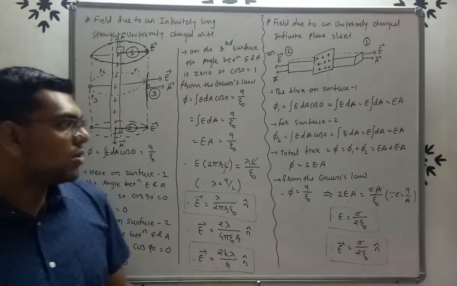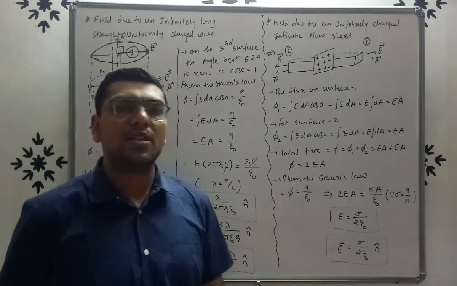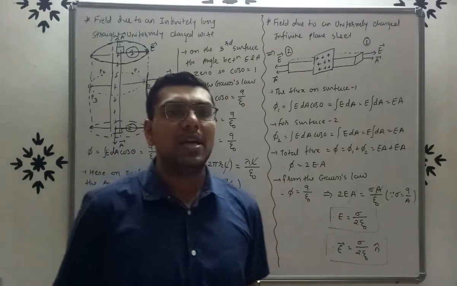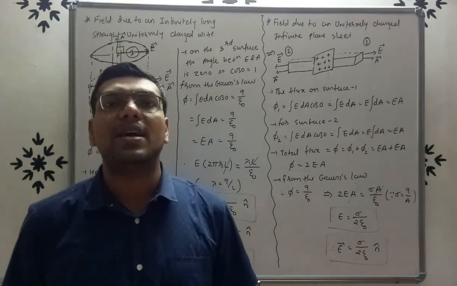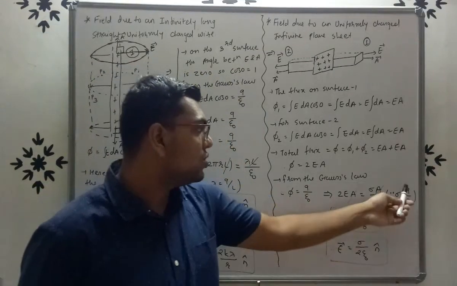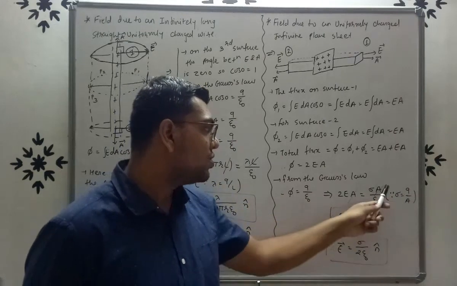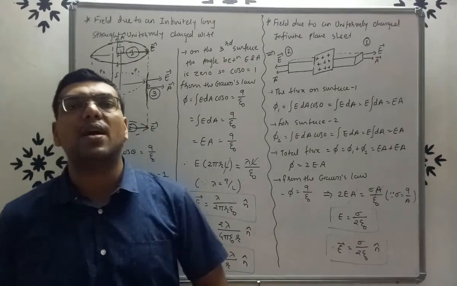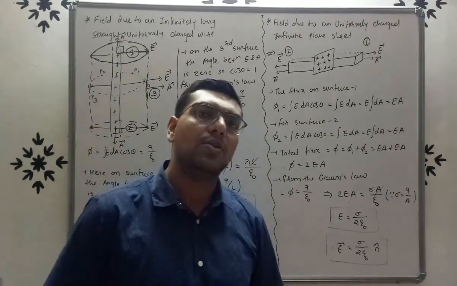Now from the Gauss law, phi is equal to Q by epsilon 0, with phi being 2EA. For Q, the surface charge density sigma is equal to Q by A, so Q is sigma into A. So here A cancels. So the electric field E is equal to sigma upon 2 epsilon 0. Right.